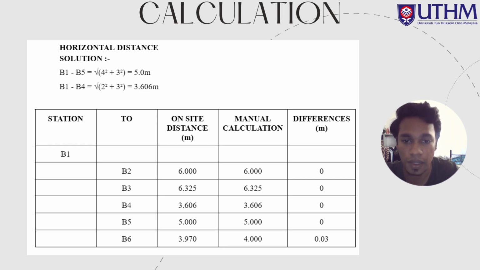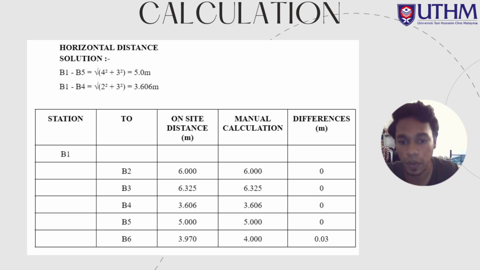The table shows the calculation results from station 1 to our checkpoints, respectively B2, B3, B4, B5, and B6. From station 1 to B2, our on-site distance was 6 meters, and after doing the manual calculation with the trigonometric formula, we obtained the same 6 meters, with no difference in this length.